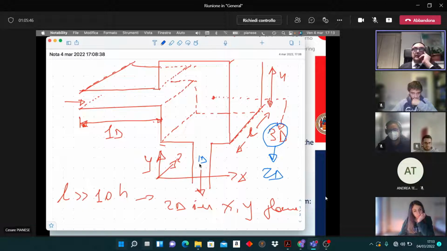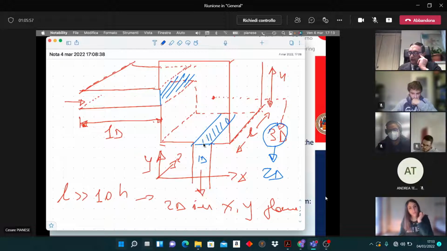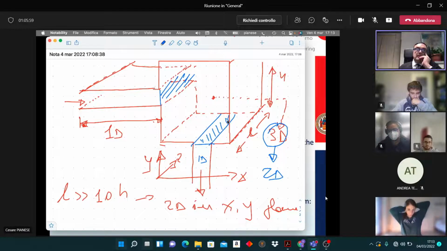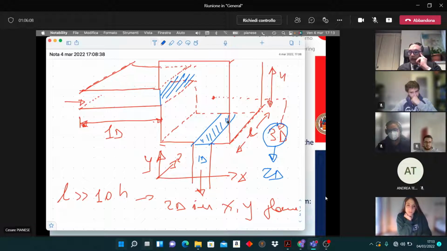This will simplify. Of course, it will be rather complex because this surface here and this surface here will be boundary surfaces for this cube, and this surface will be the boundary for this 1D problem. Okay, it may be complex, difficult to implement, but for sure it will solve the problem in a very quick manner.